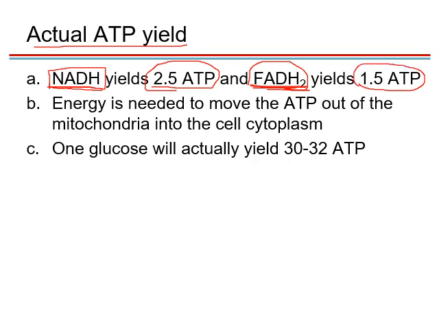1.5 ATP. So again, remember, for glucose, we ended up reducing 10 NAD and we reduced 2 FAD.